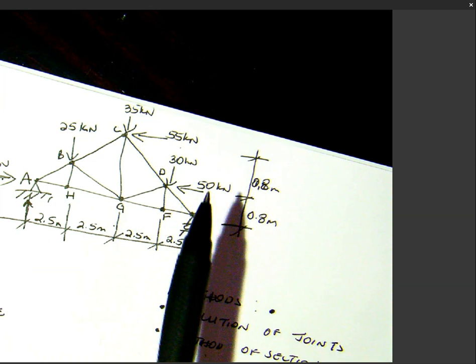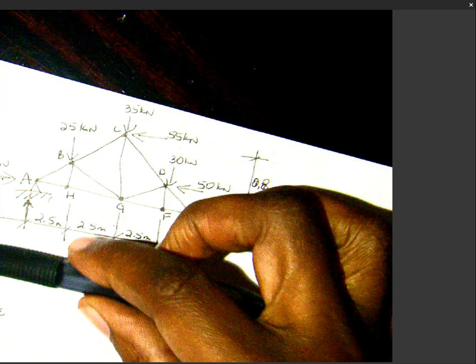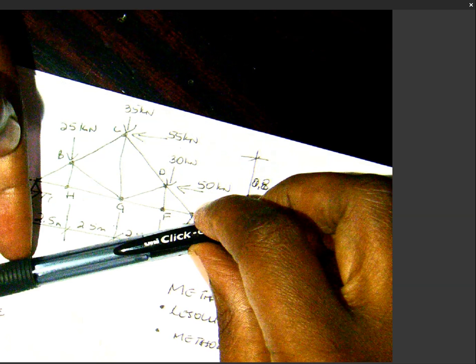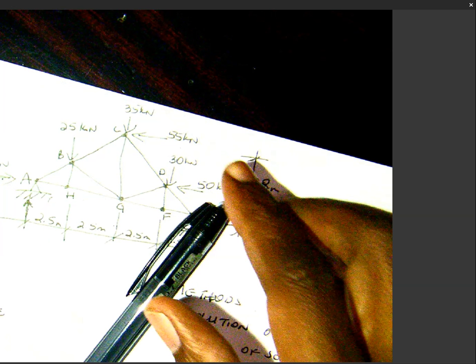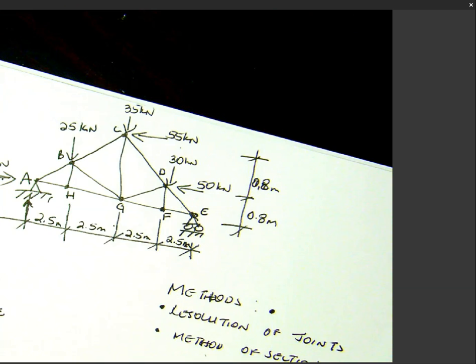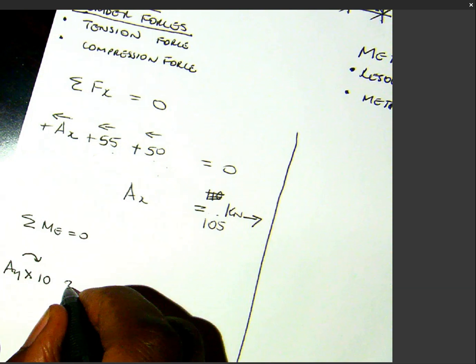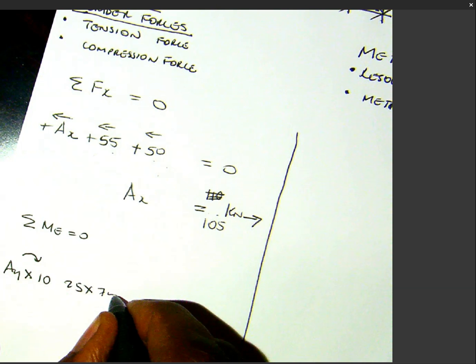And if you look at 25, now you're applying, there's your point E. 25 is applied there, so it's going to rotate it in the anti-clockwise direction. So 25, I'm going to write it down, 25 times 7/5, rotating it in the anti-clockwise direction.